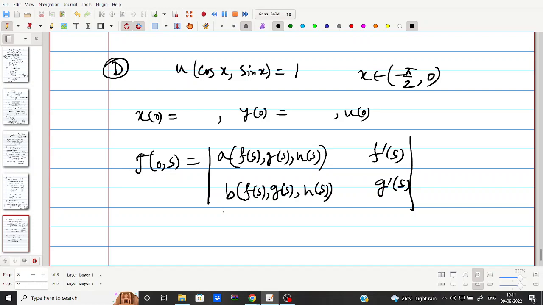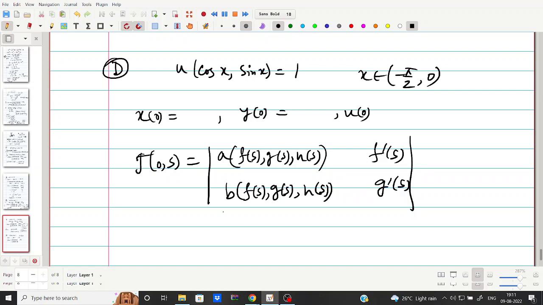I took x equal to s, and it belongs to minus pi by 2 to 0. So that means the fourth quadrant, first, second, third, fourth here. So is it 0 anywhere? You know that everywhere is positive here. Sin is positive, cos is positive here, and tan is positive. You know this rule.